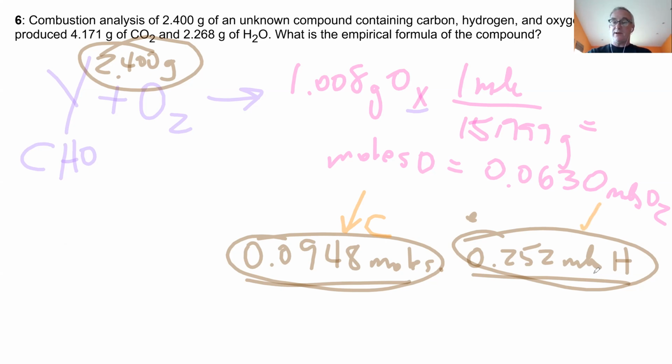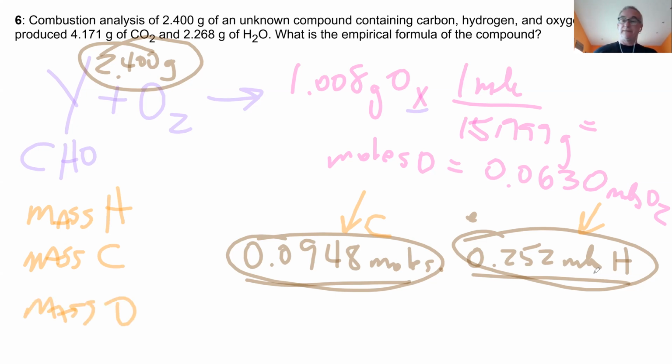And then we figured out how many moles of hydrogen we had from the amount of water. And if we know how many moles of hydrogen we have, then we know the mass of hydrogen too. And once you have the mass of the hydrogen and the mass of the carbon, the only thing left in compound Y is the mass of the oxygen.